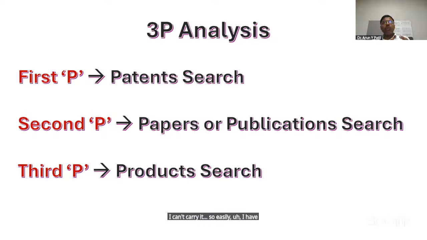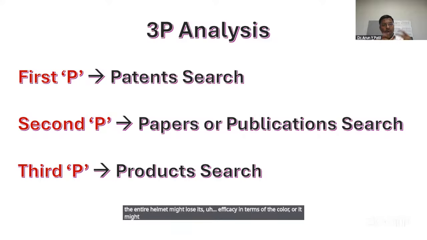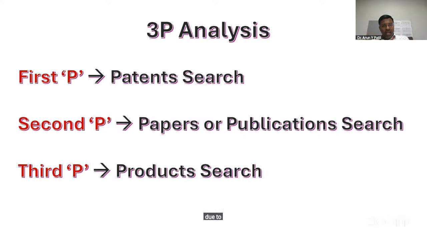I have to tag it to a motorcycle, where it is in the outside environment, whether rainy or summer. The entire helmet might lose its efficacy in terms of color, or it might become moist due to rainfall. So all these issues, how am I going to address through this 3P analysis?